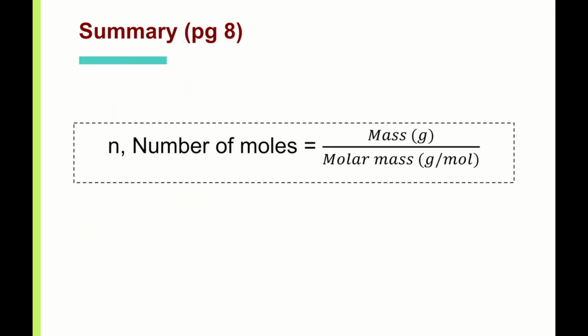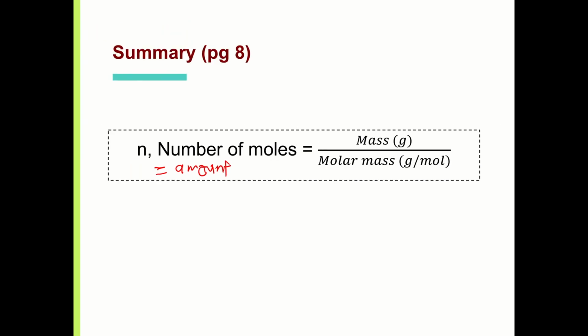To conclude, this is the formula that we have learned so far. n refers to the number of moles: mass over molar mass. Number of moles always refers to amount. So maybe you want to write down here that this number is equivalent to amount. When we find out the amount of substance, we are referring to the number of moles.